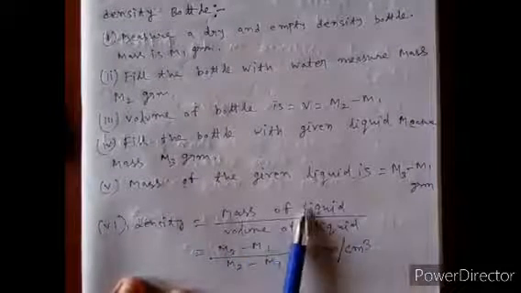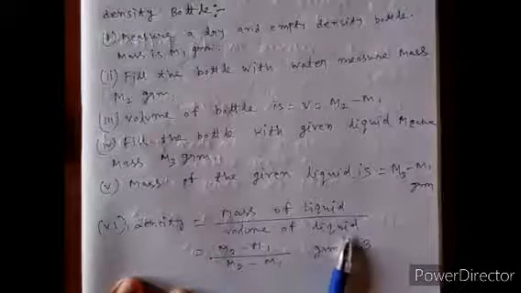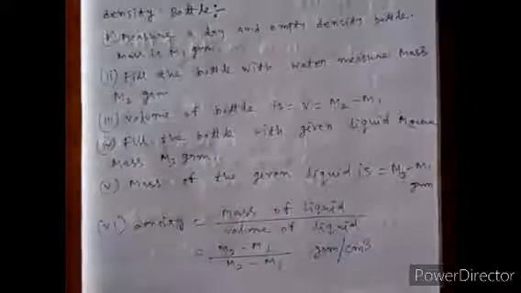The mass of the liquid is m3 minus m1 gram and the volume of the liquid is m2 minus m1 cm cube. So (m3 minus m1) divided by (m2 minus m1) gram per cm cube is the density of the given liquid. This is a process by which we can easily determine the density of a liquid using a density bottle.